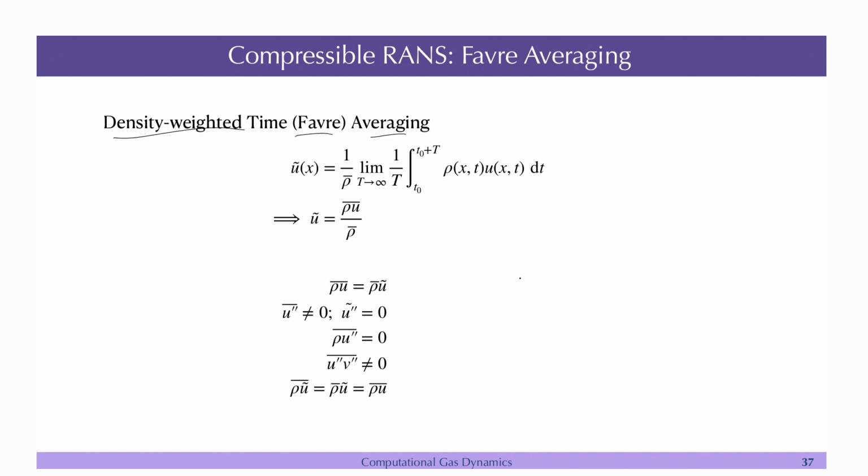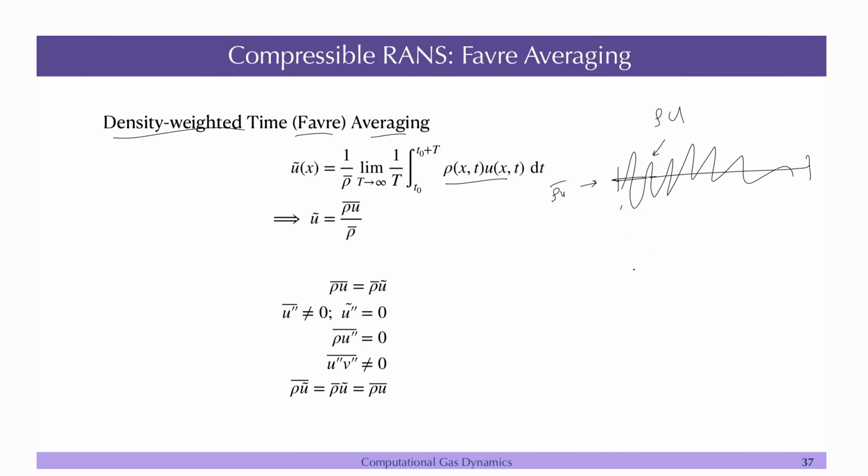Okay. This is a trick. So, instead of now doing the averaging for only u, now we will do the averaging for rho u. And the same argument that we had for the Reynolds averaging, we will have basically rho u for a very long time, this is the quantity rho u, and take it for a very long time. And then we will have a line which is representing rho u bar, and we divide it with the rho bar.